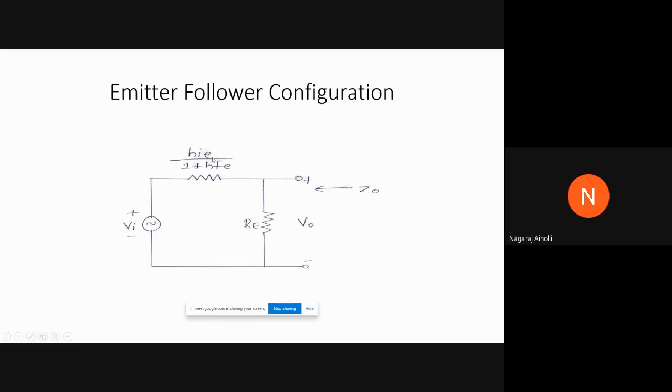Now this small RE is nothing but HIE divided by 1 plus HFE. How are we getting HIE divided by 1 plus HFE?